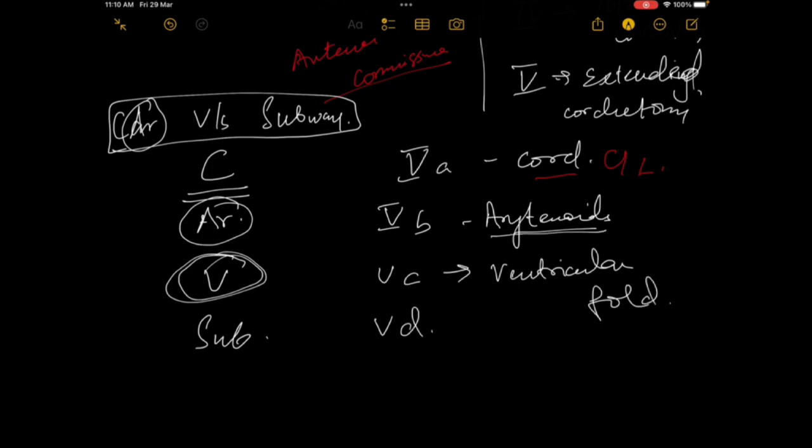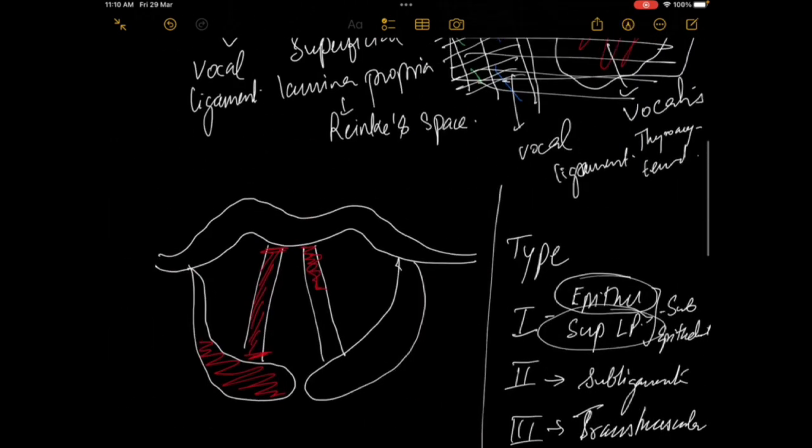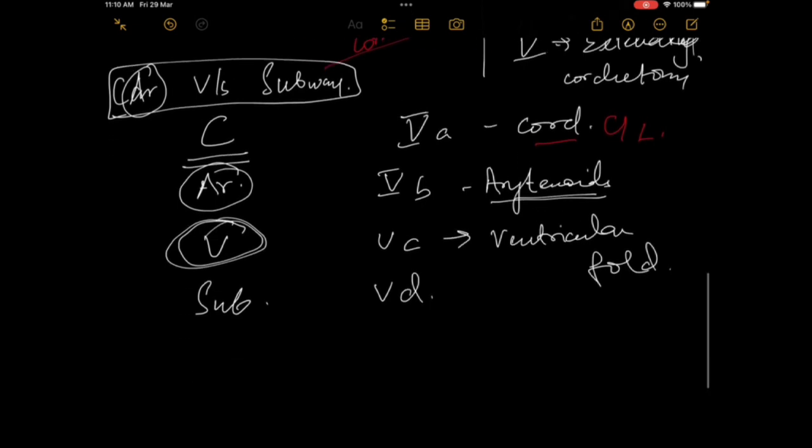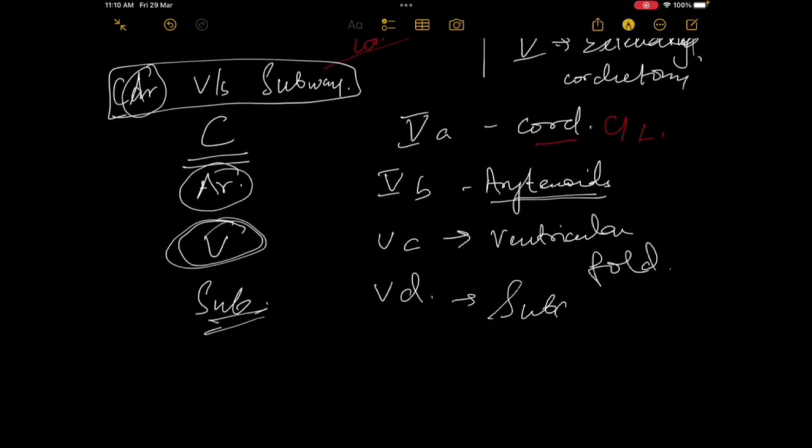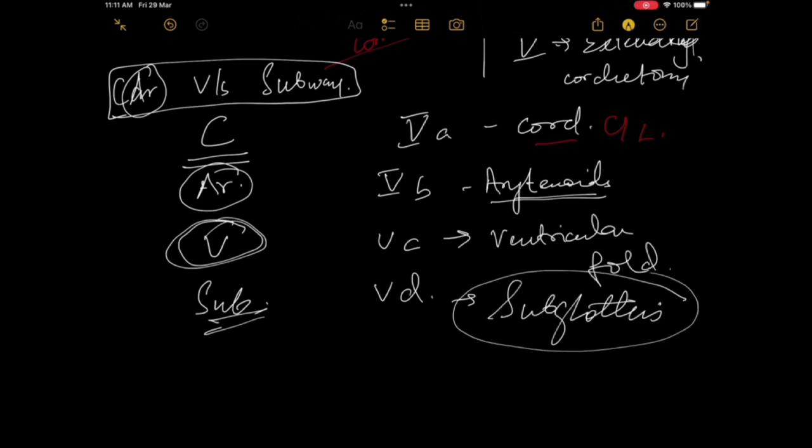So we are extending beyond the arytenoids and we are involving the ventricular folds. Now type D is sub. Subway means subglottis. So we have already removed whatever comes in proximity to the vocal cord. Now we'll be going beneath the larynx, that will be the subglottis.